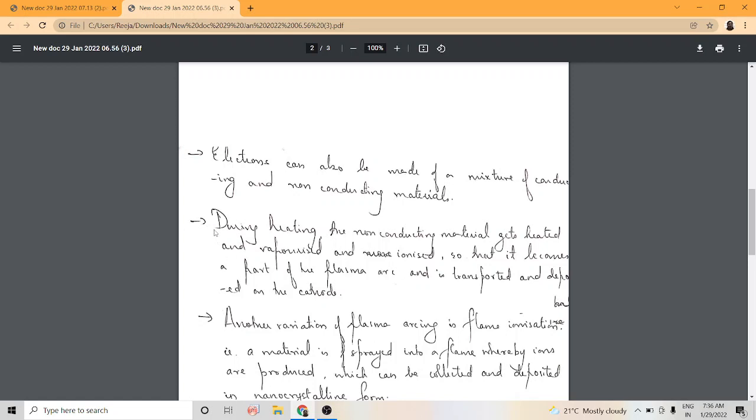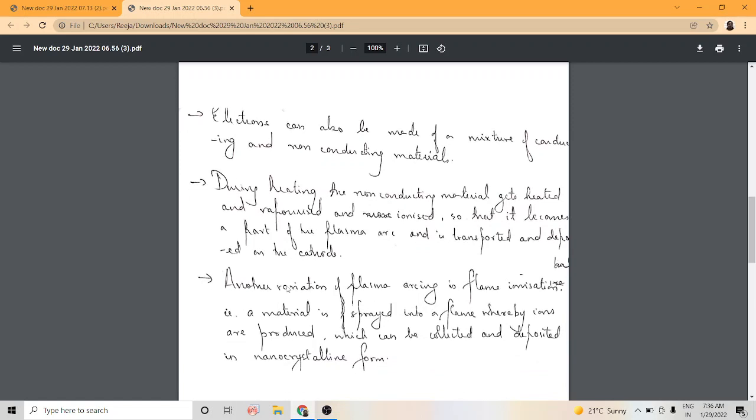Then, in such cases, during heating, the non-conducting material gets heated, vaporized and ionized, and it becomes a part of the plasma arc and is transported and deposited onto the cathode.